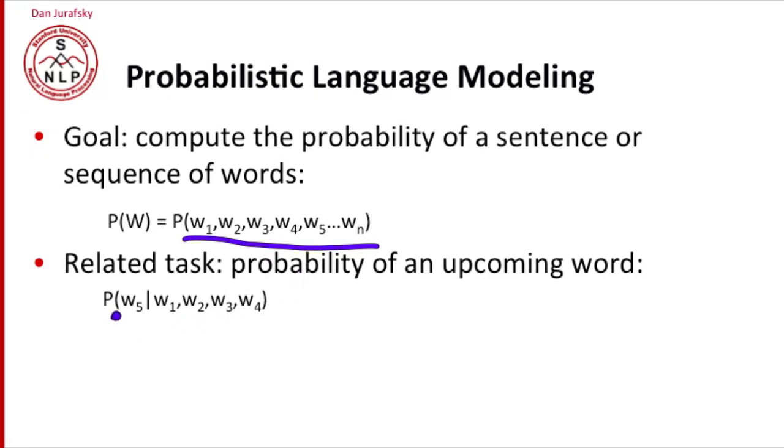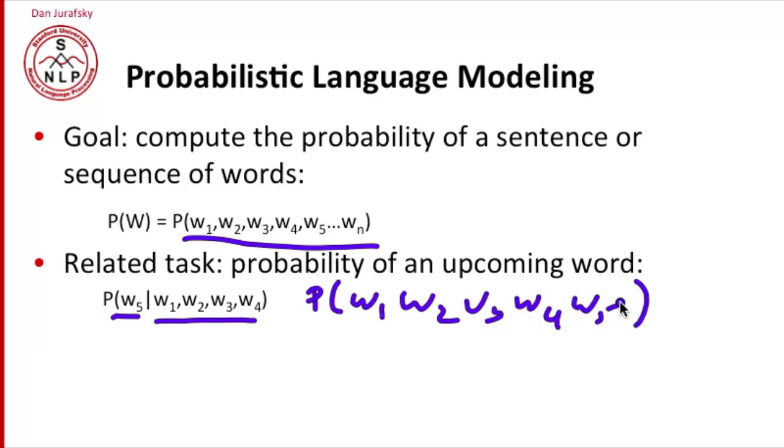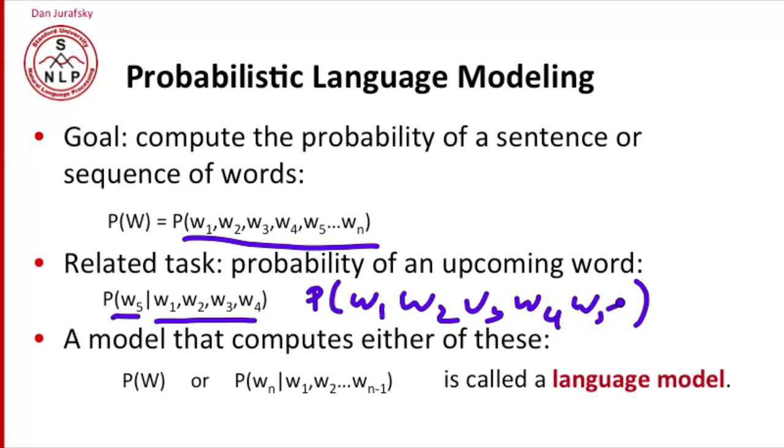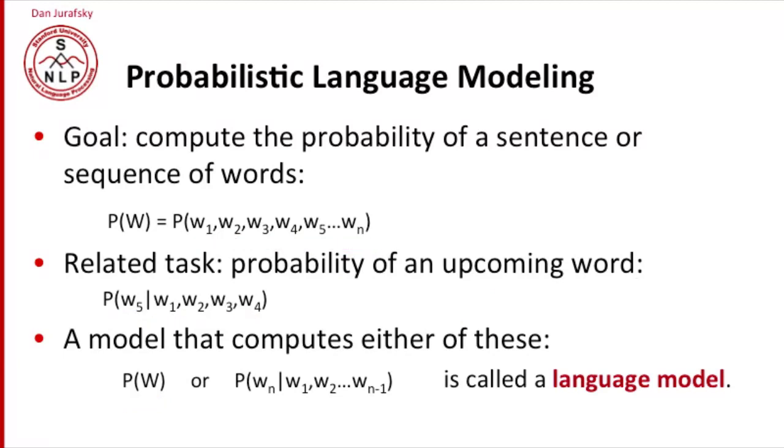So P of W5 given W1 through W4 is very related to the task of computing P of W1, W2, W3, W4, W5. A model that computes either of these things, either P of W, capital W, meaning a string, the joint probability of the whole string, or the conditional probability of the last word given the previous words, either of those, we call that a language model.